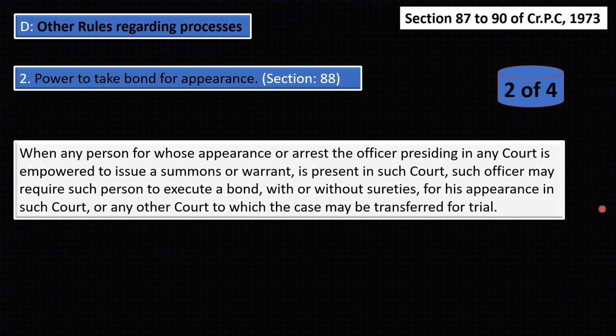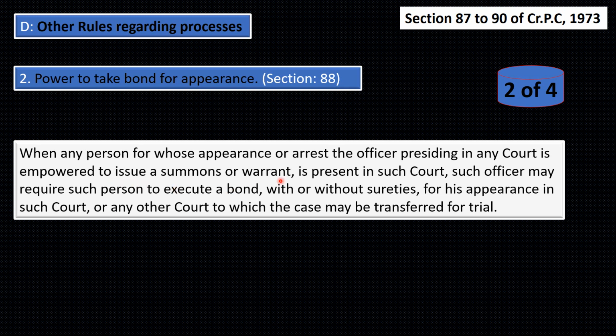Section 88 informs us that where a person is required by the court to appear in the court, either by the issue of summons or by issue of his arrest warrant, it is to be issued by the presiding officer of the court or the officer who is present in the court.